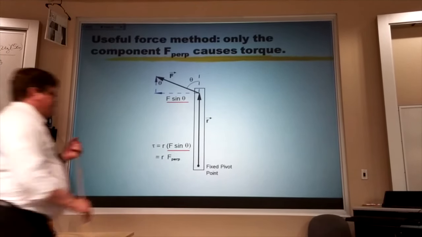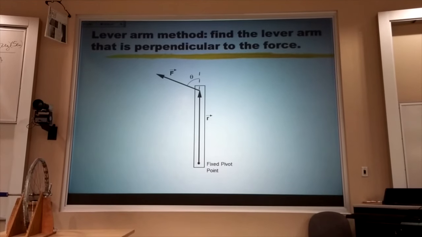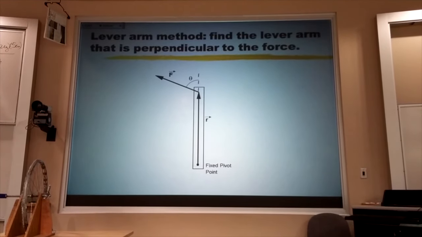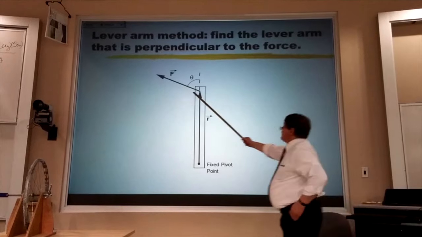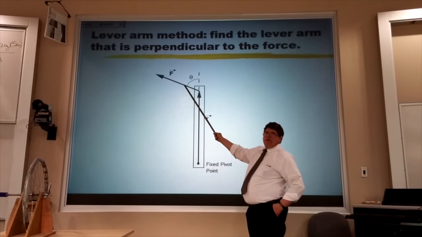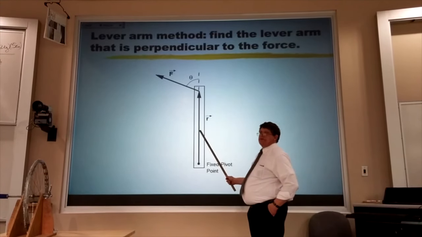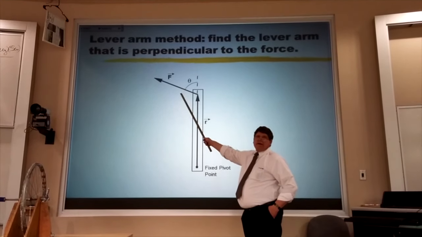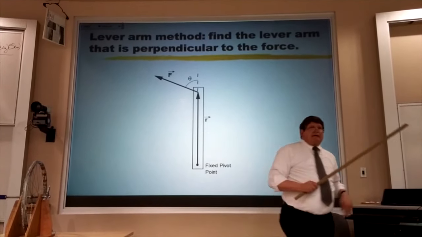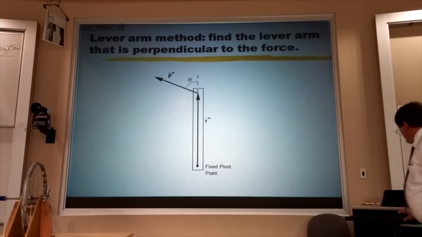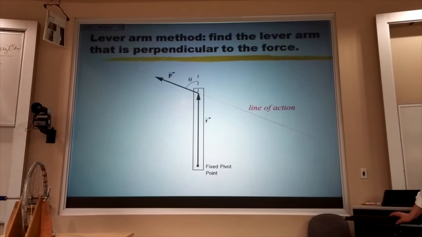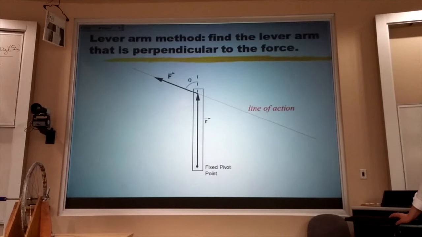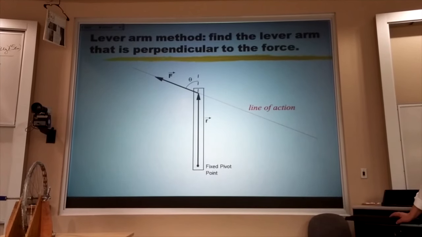And the other method we call the lever arm method. In this method, we do exactly the opposite of what we just did. In this case, we're going to use all of the force, but we're only going to use part of this position vector, the part that's perpendicular to that force. To use this method, we extend the force in both directions forever, and we call that the line of action.